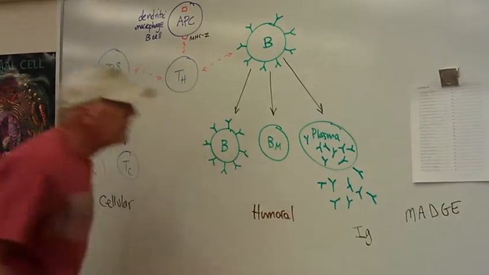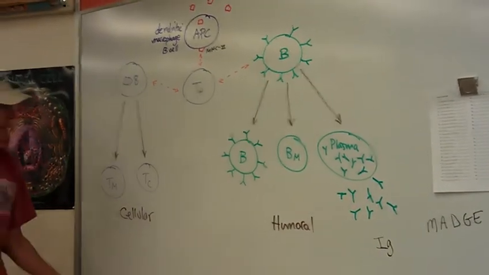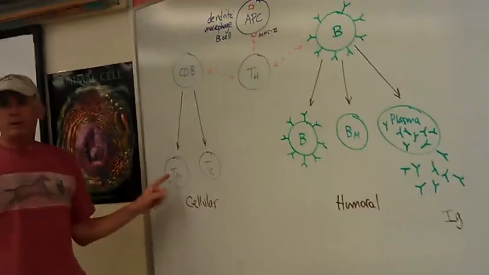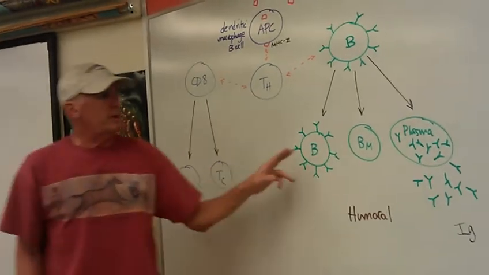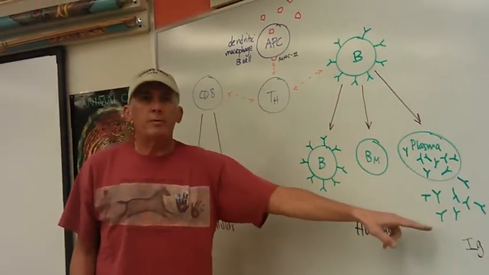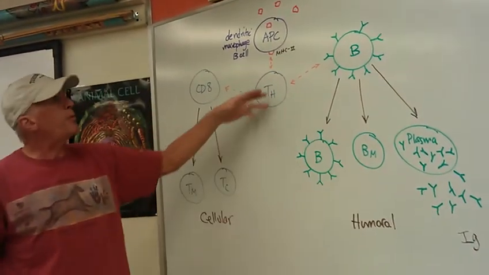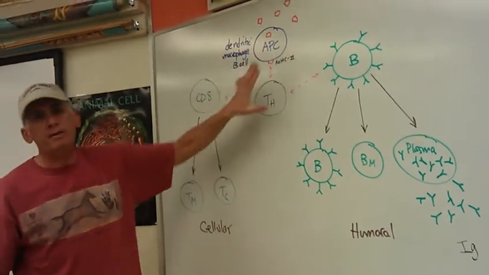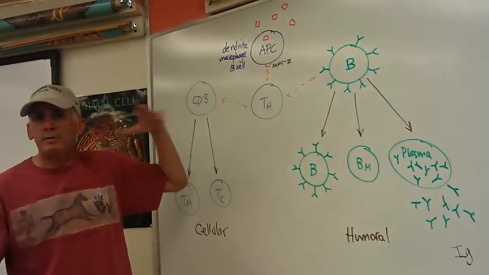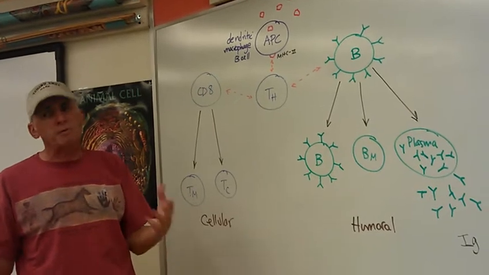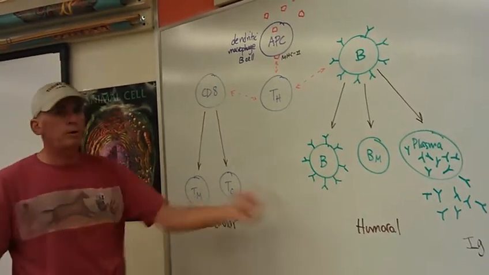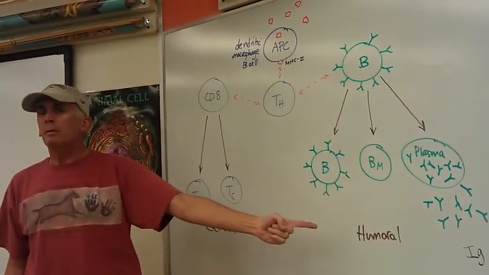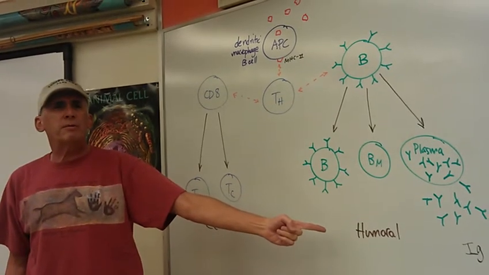Where's the separation between the two? Cellular is cytotoxic T cells and T memory cells. Humoral is the B cells over here. But notice that they both originally involved T cells and B cells. So when I ask for the two branches of the specific immune system, the answer is cellular and humoral.